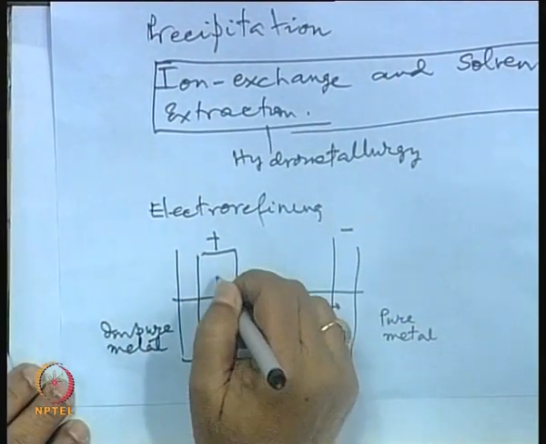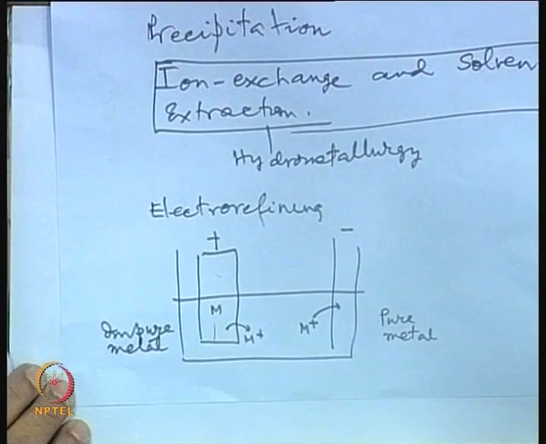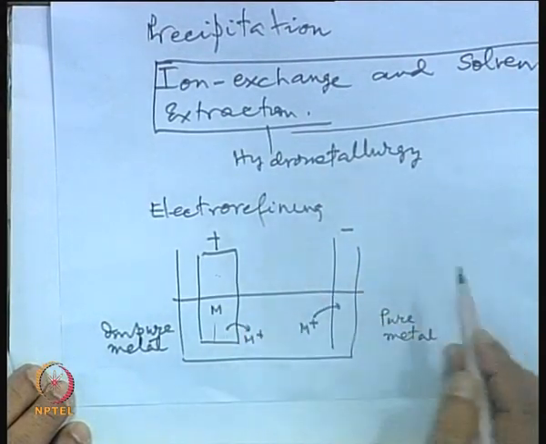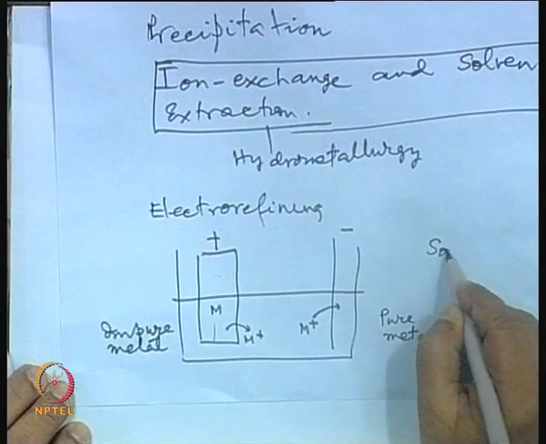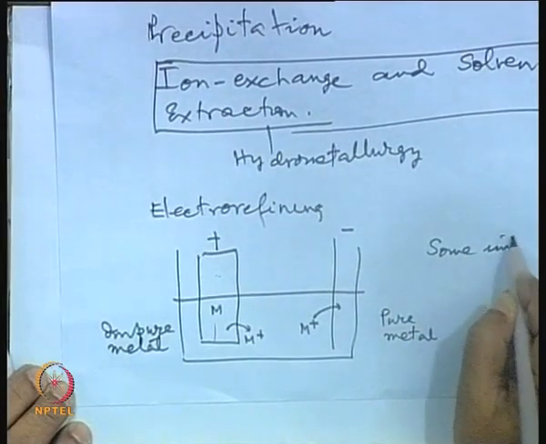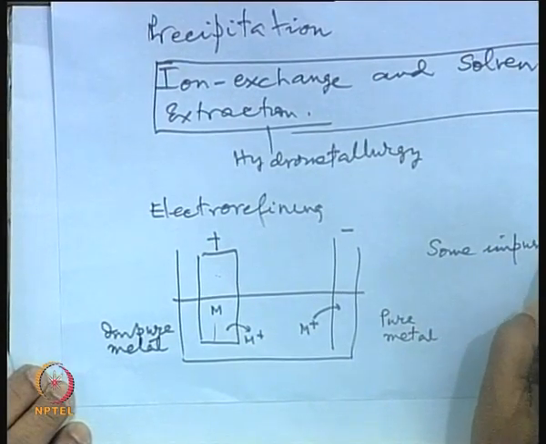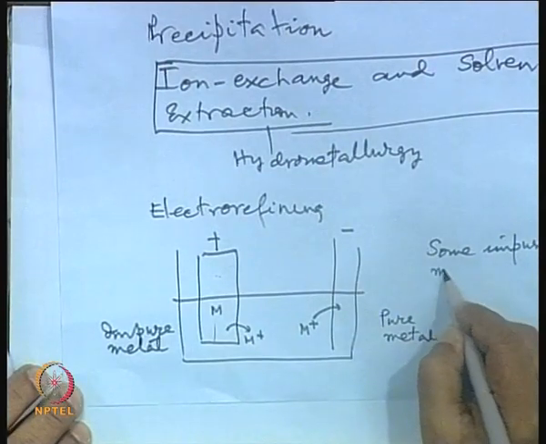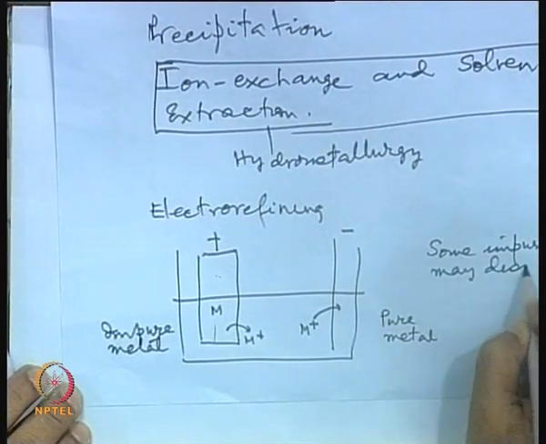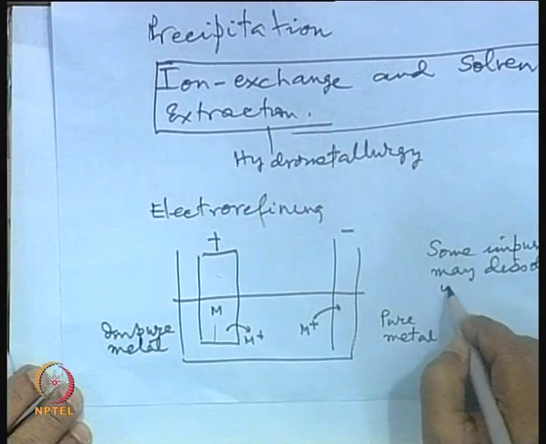What will happen to the impurities that are there in the impure or crude metal? Two things can happen. From here, some impurities may dissolve in the electrolyte.